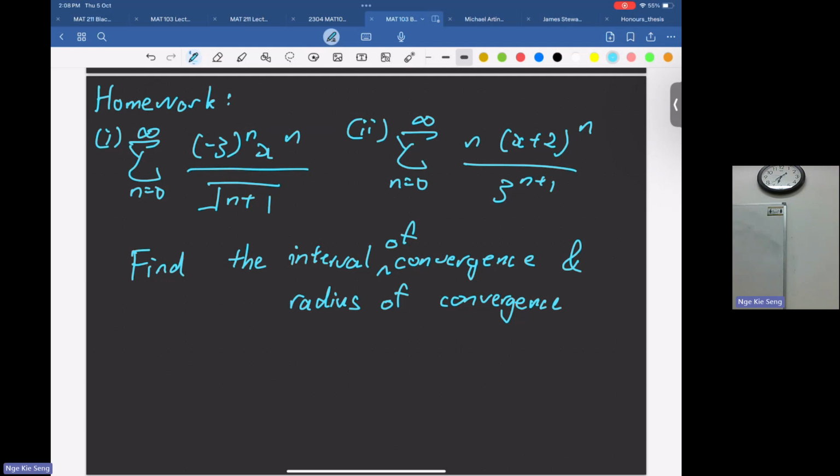Integral test, and then comparison tests: direct comparison test, limit comparison test, and then alternating series test. Anything else? Ratio test, root test, nine already. Anything else?